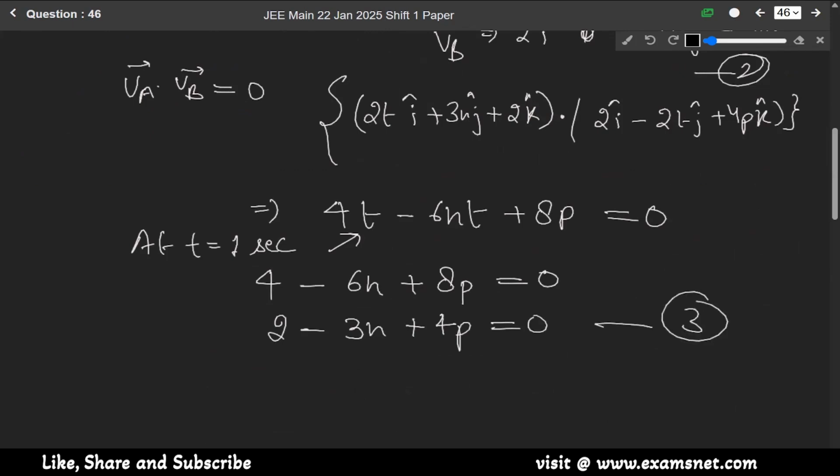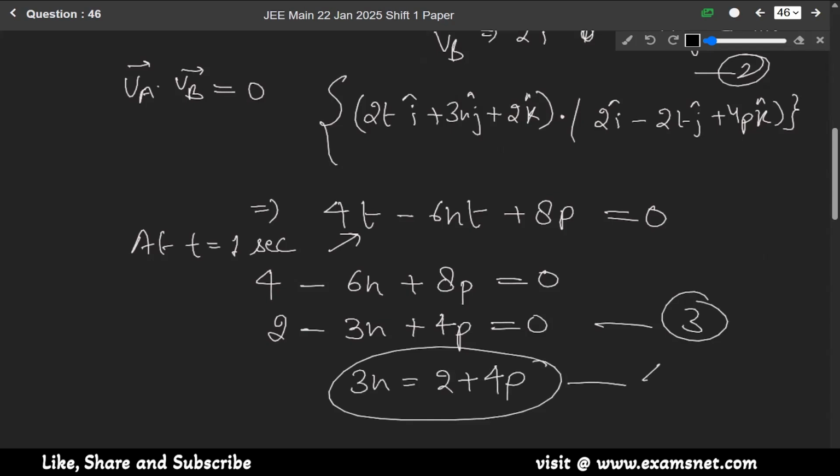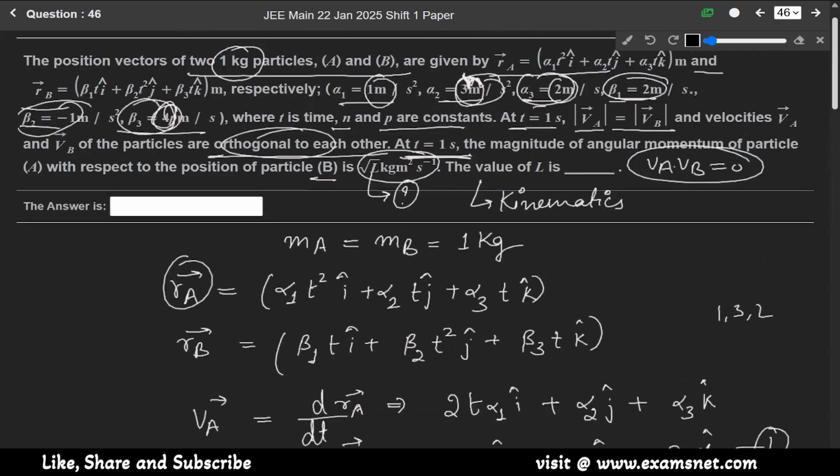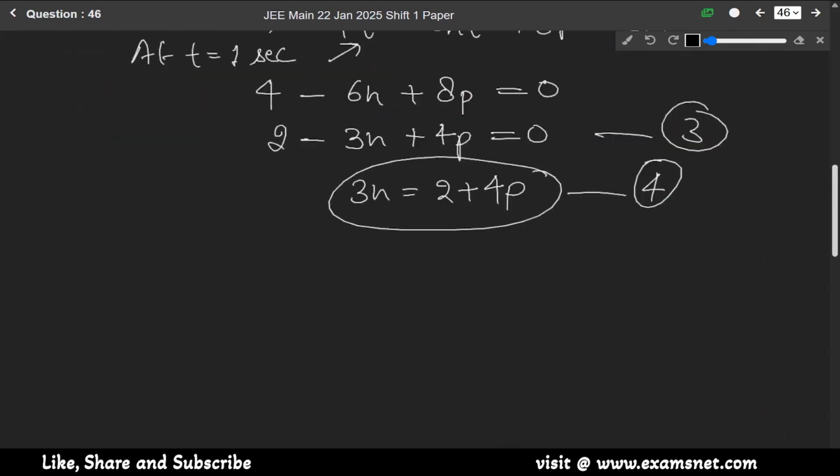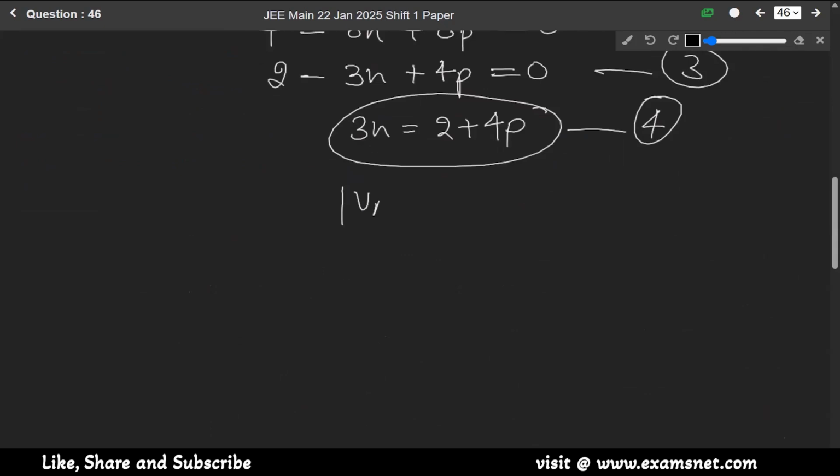And from here we can write 3n is equal to 2 plus 4p. Let us say this is equation number 4. Okay. Now, according to the question, at t equals 1 second, the modulus of velocity of A is equal to the modulus of velocity of B, meaning VA is equal to VB.